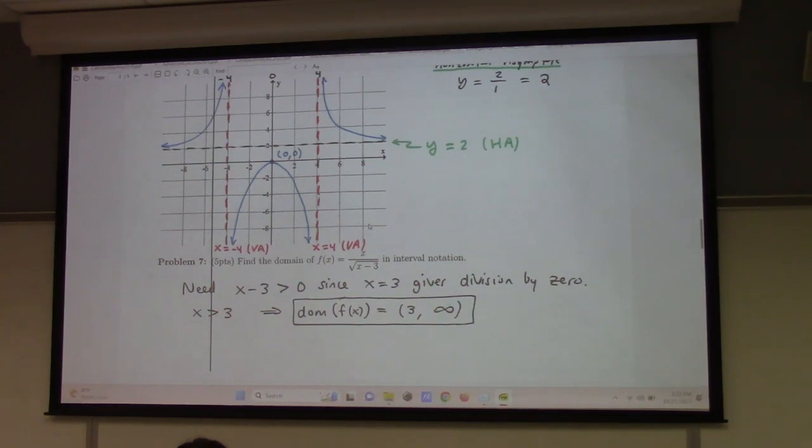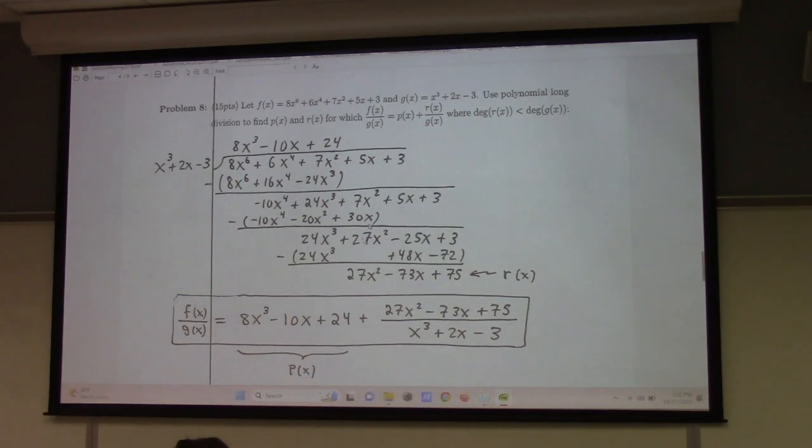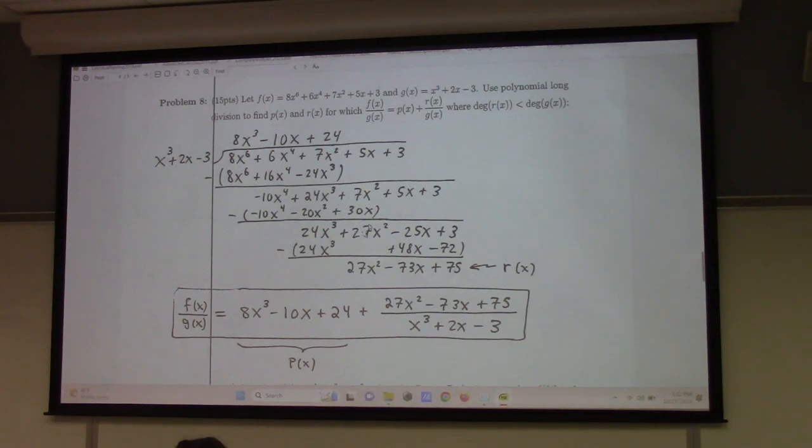On some problems, I will take off points if you don't show work. This is not one of them. Like this problem 7, I think it's plausible that you could see the answer without writing work down. Other ones, if you don't write down work, and you just write the answer, I'm going to take points off because I need to see how it happened. Like I said at the start of the test, show work for full credit. I mean that.